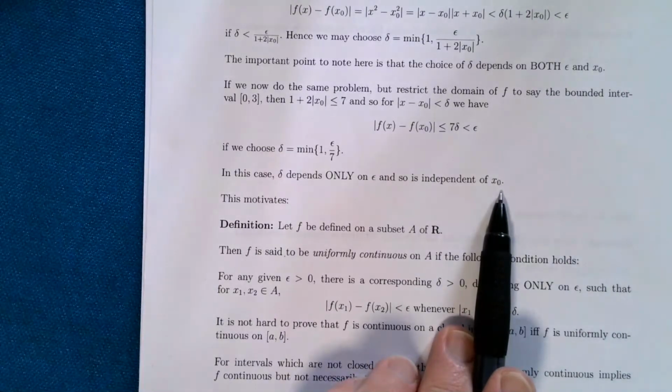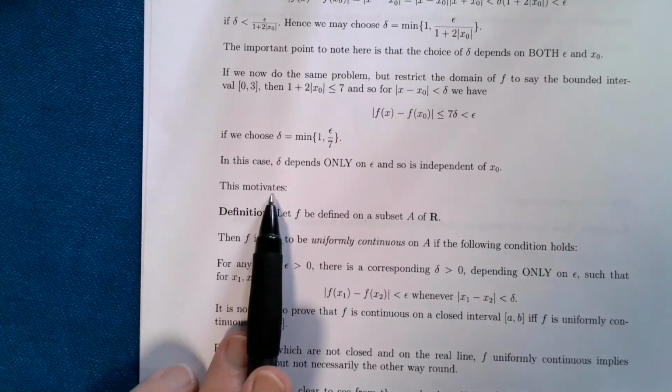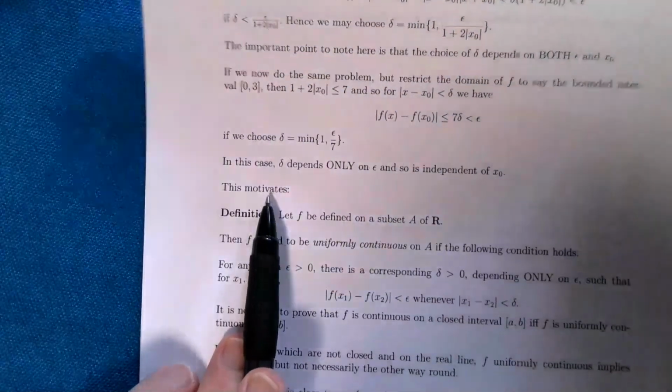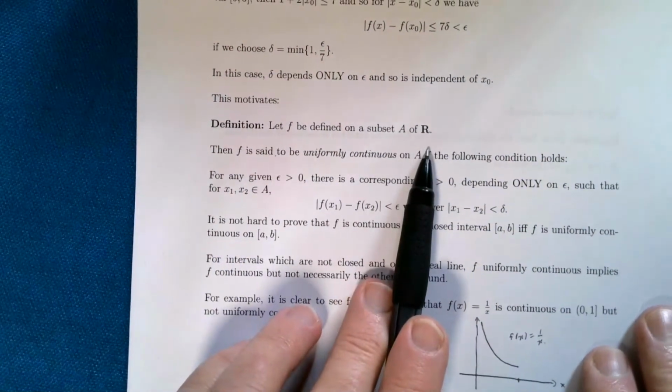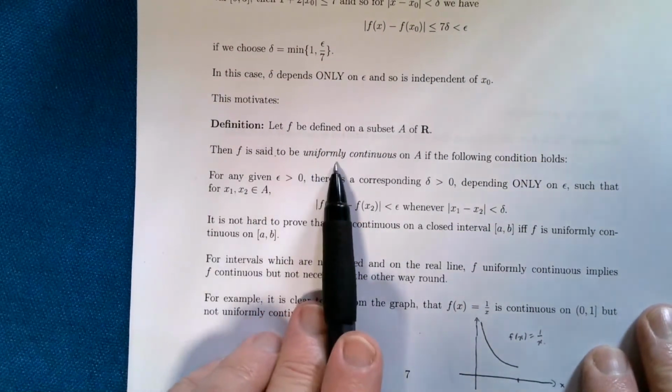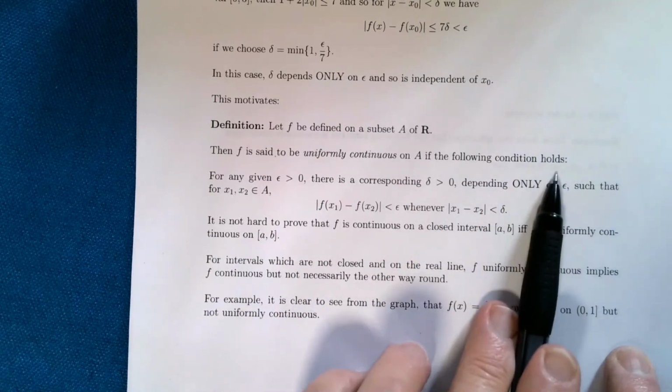Now, functions that have this kind of special continuity, this is called uniform continuity, and this is going to motivate our next definition. So f is defined on some subset A of the real numbers. We say that f is uniformly continuous on A if the following condition holds.